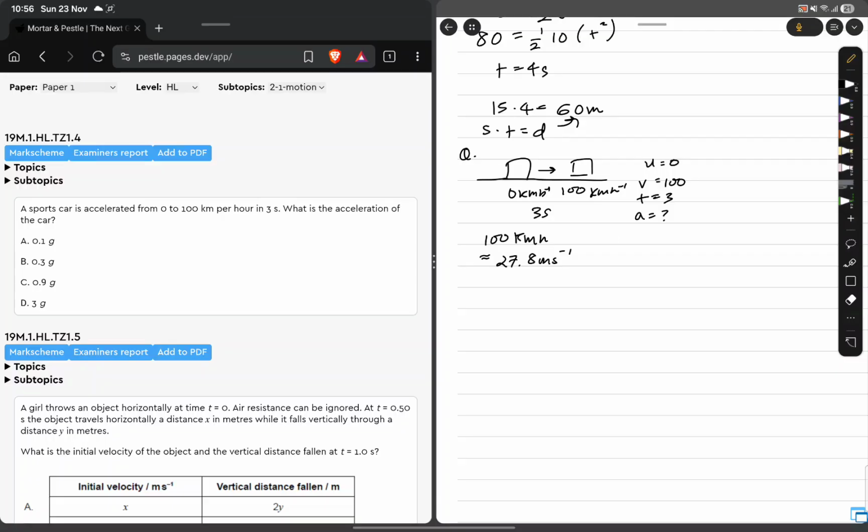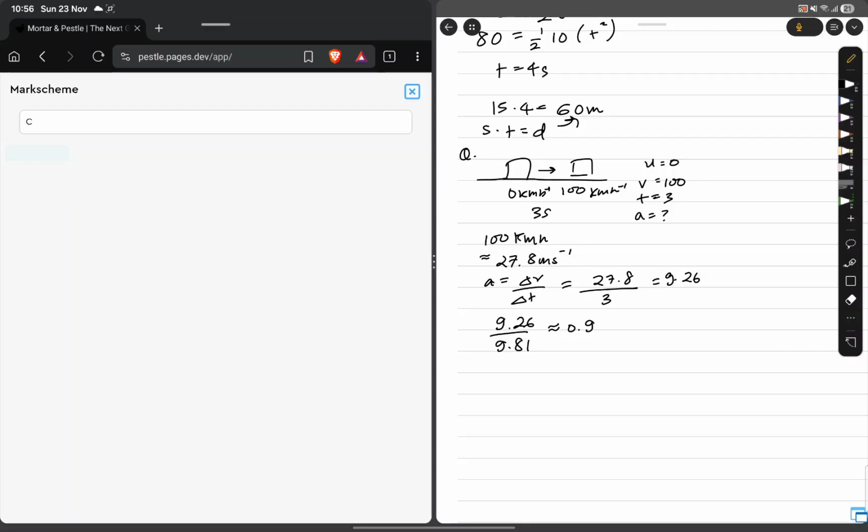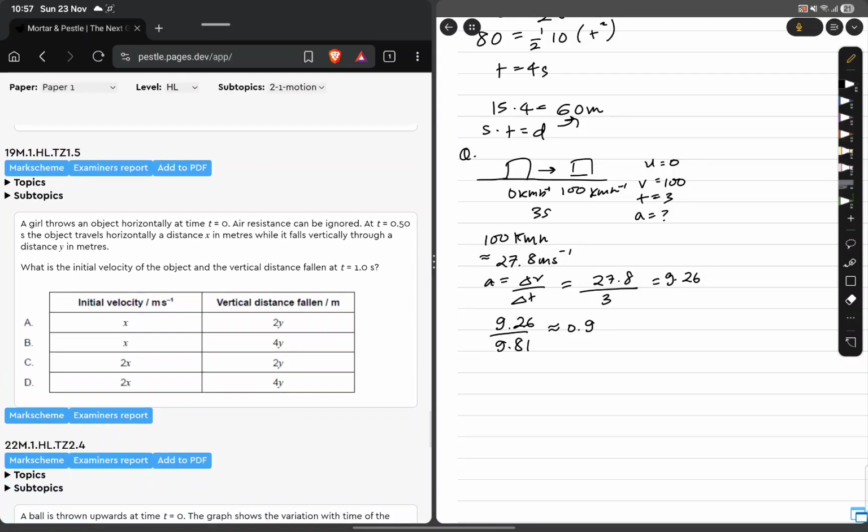And then we need to calculate the acceleration. Acceleration is change in velocity over change in time. So we're going to plug in what we just found over the time that we were given, 9.26. And then we need to divide this by gravity, as the question wants it in terms of gravity. So 9.26 over 9.81 is around 0.94, or just 0.9, which is C. Next question.